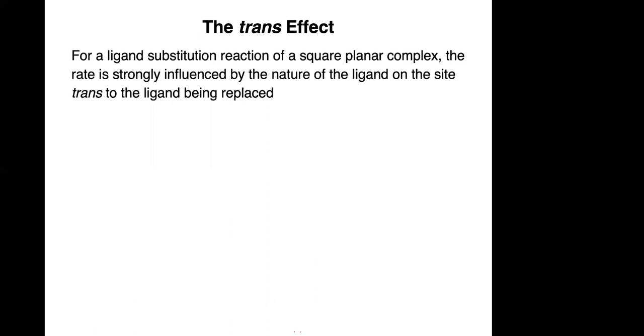And so the ligand L prime, as we drew it in our mechanistic slide, has an influence over how fast this substitution reaction will go. And we'd like to use our understanding of electronic structure for these molecules to see if we can understand why that would be.